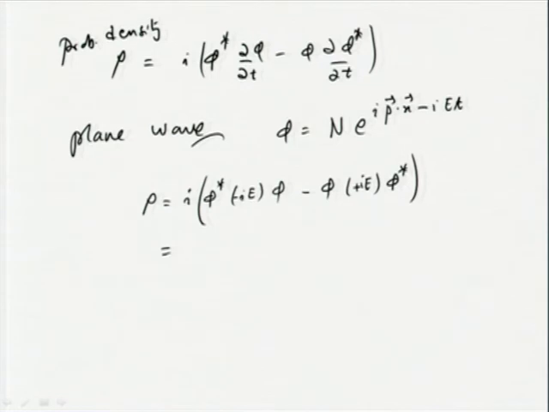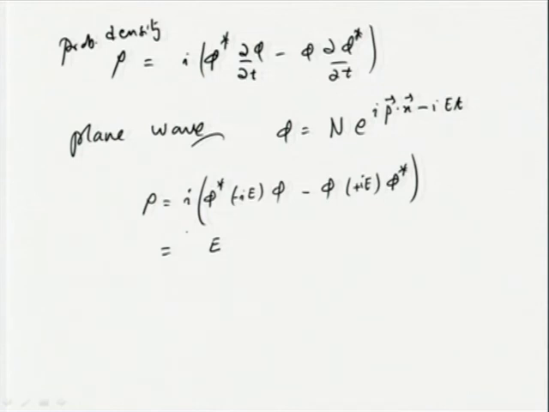So there is an i overall factor, and then there is a minus i E in the first term. Together that will give me a plus E. And in the second term again I have a minus sign, so minus i E inside the bracket and an i outside.